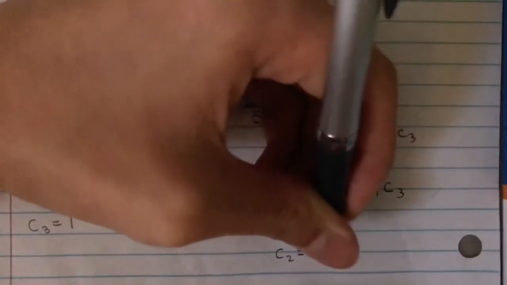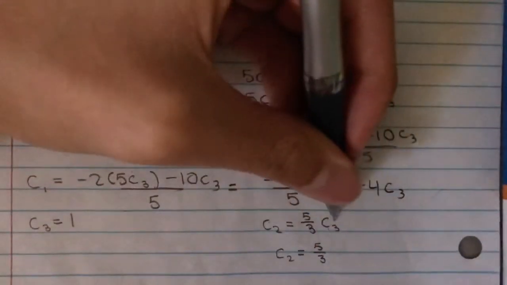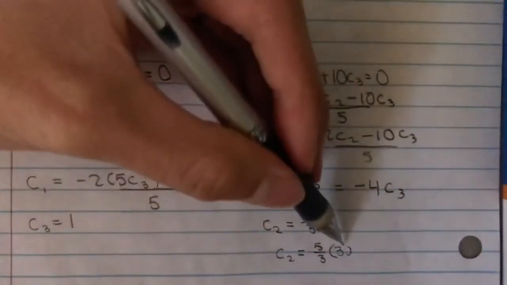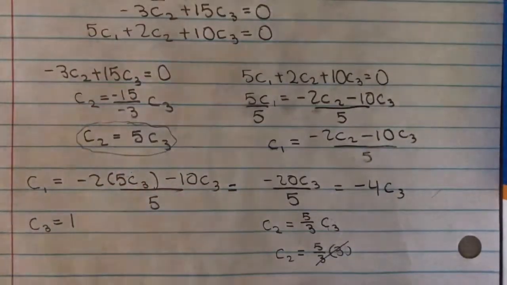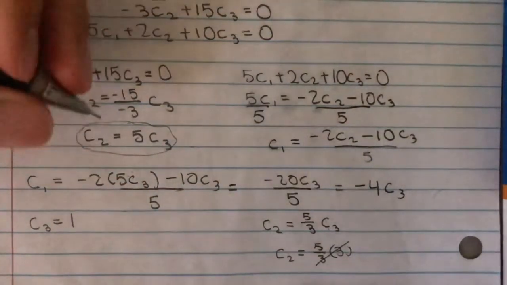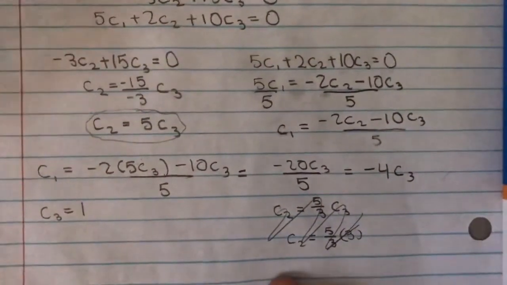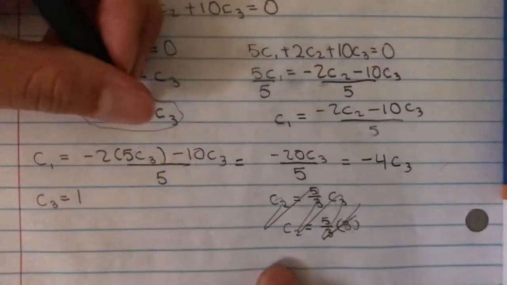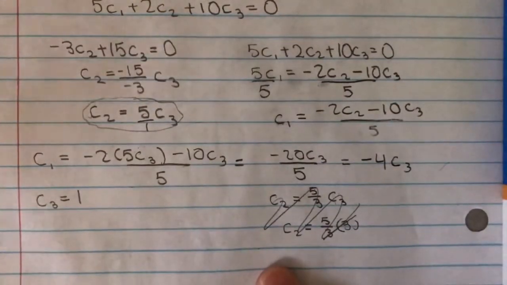So it's going to be c sub 2 equals 5 over 3 c sub 3, and I would recommend that you choose c sub 3 to equal 3, to cancel this fraction out and make it a whole number. So in this case, c sub 3 is going to be equal to 1.